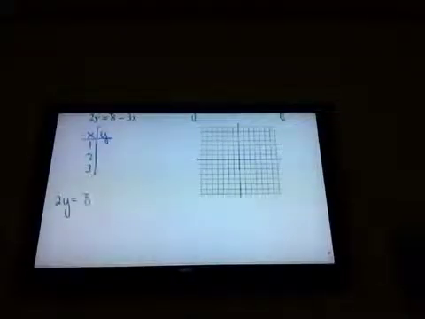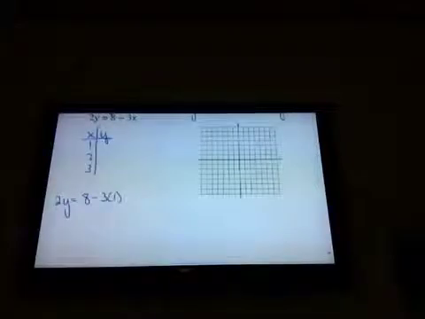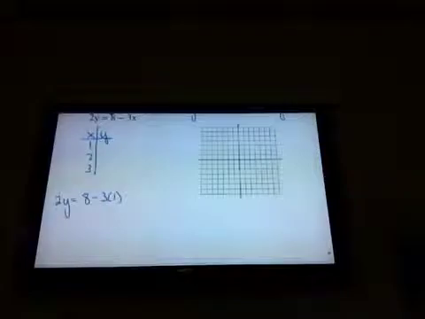And remember, you could choose them. Oops, forgot my 3 there. You could choose them for y also. I typically choose them for x. So I put my 1 in for x.